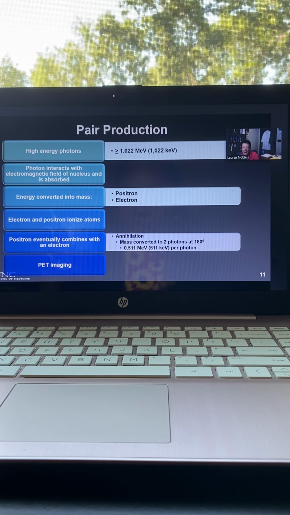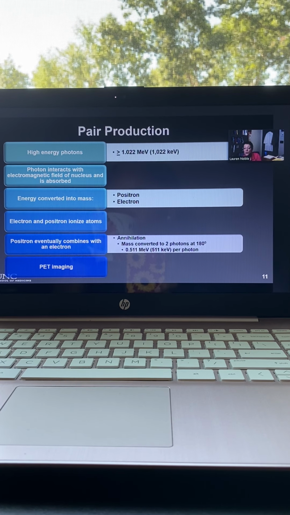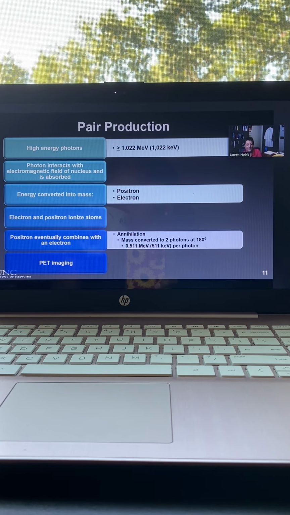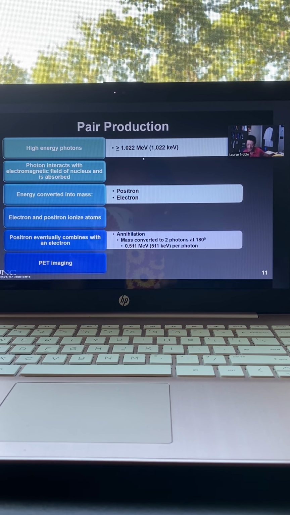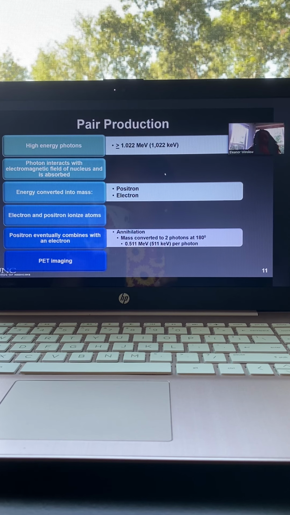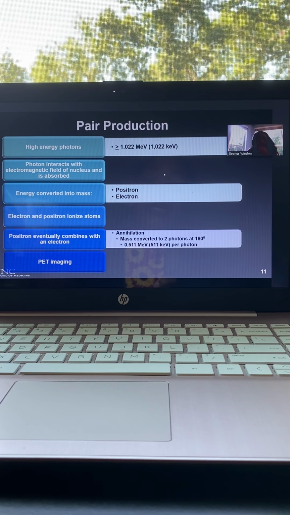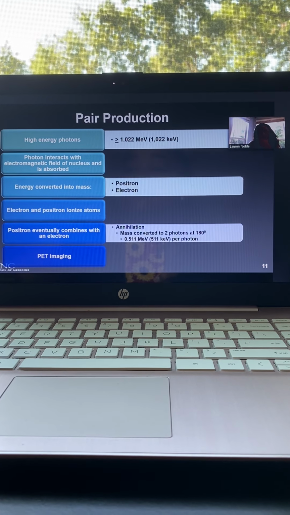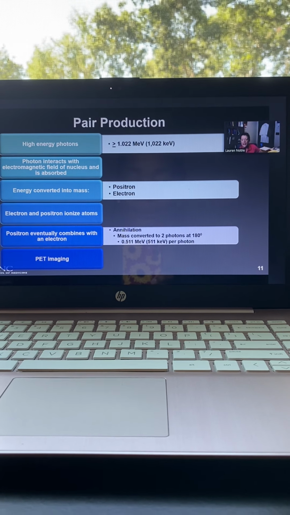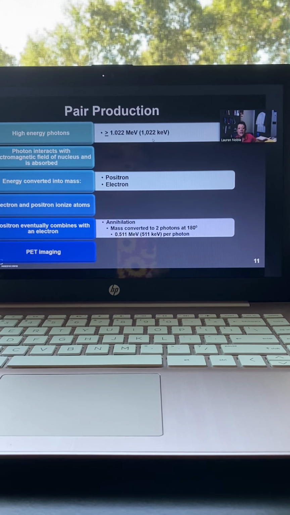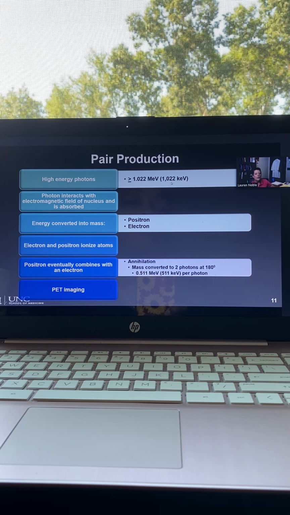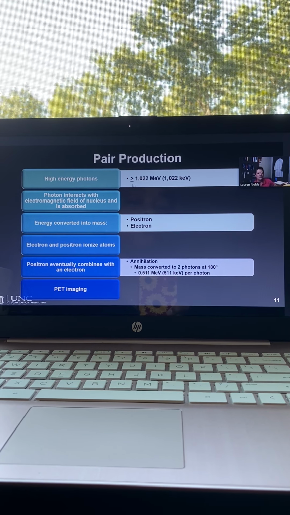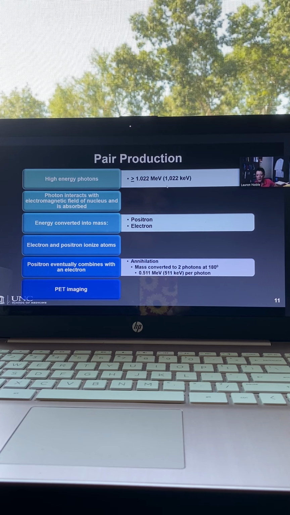Does our control panel go up to 1022 kVp? What's the kVp range I told you for our X-ray equipment? Like 40 kVp to 150 kVp. I am nowhere near this kVp. So our X-ray units cannot even generate these high energy photons.